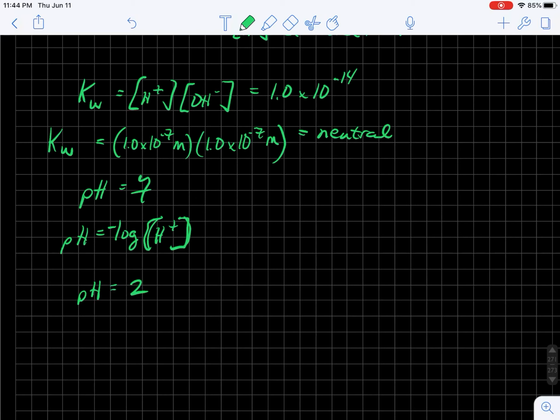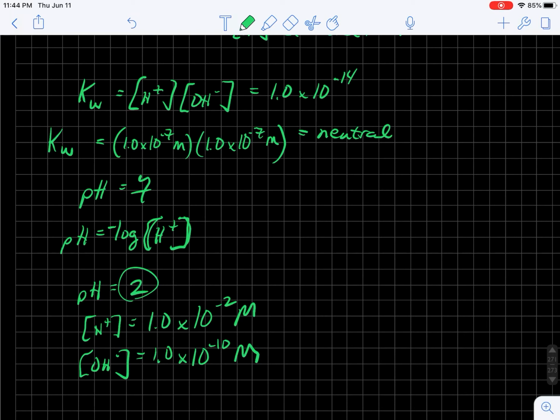All right. So let's say something is an acid and has a pH of 2. Then we would know that the H plus concentration would be 1 times 10 to the minus 2 molar. That's what that 2 represents. So therefore, the base concentration, if this is going to multiply out to be 10 to the minus 14, would have to be 1 times 10 to the minus 12 molar.